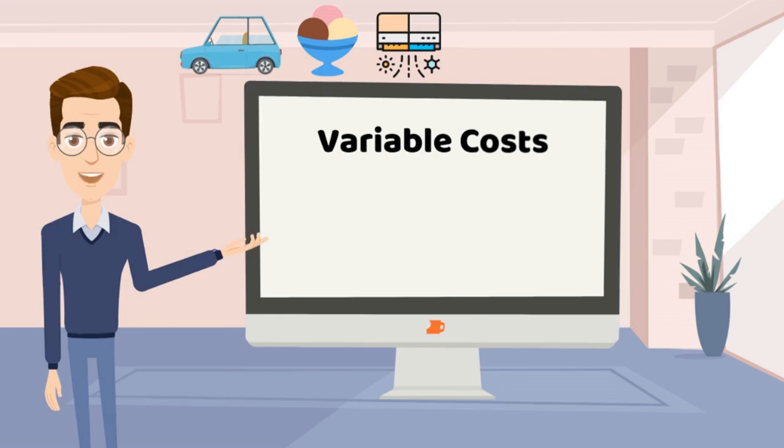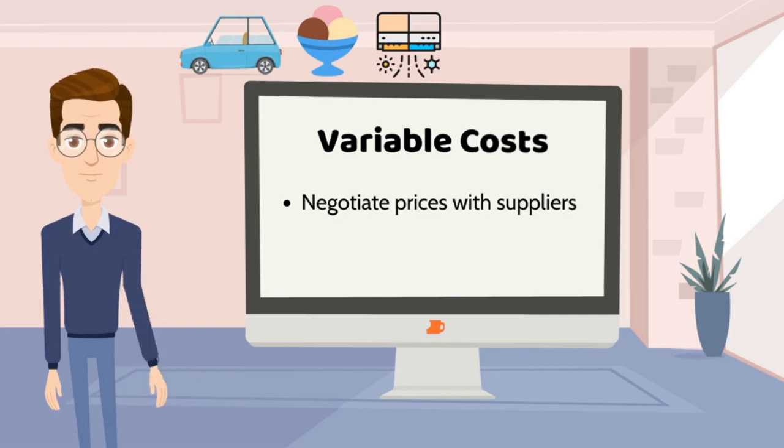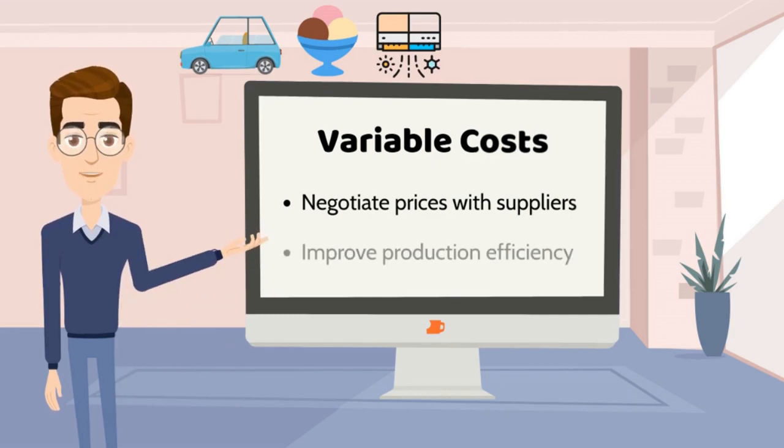We only have 2 ways to decrease these costs. First, we can negotiate a better price with our suppliers, or we can improve our production efficiency, improving our efficiency in the type of costs that we control, like transportation costs.